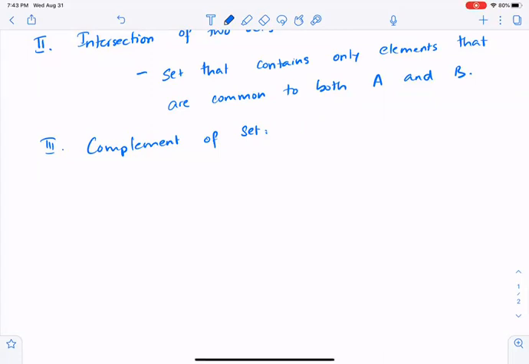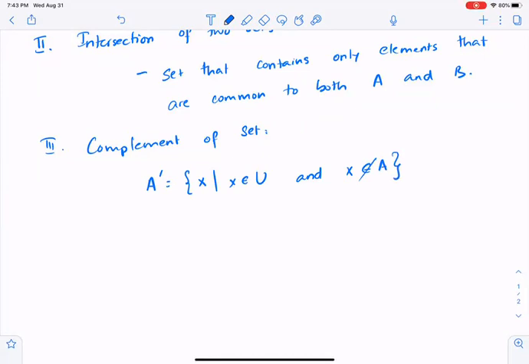So the complement of the set A will contain elements in U, and the element cannot be a part of A.